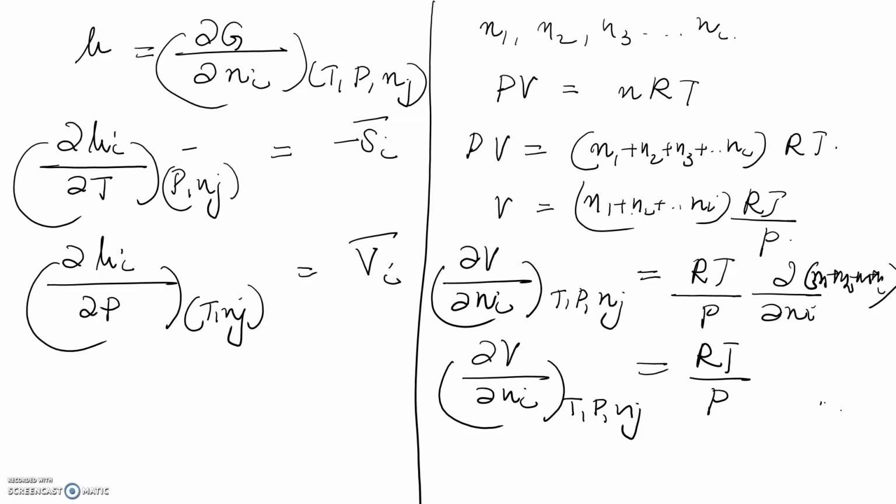So what is dou V by dou Ni at constant temperature, pressure and Nj? That is the change in volume by the addition of 1 mole of the component i at constant temperature, pressure and Nj. And that is V bar i, the partial molar volume.